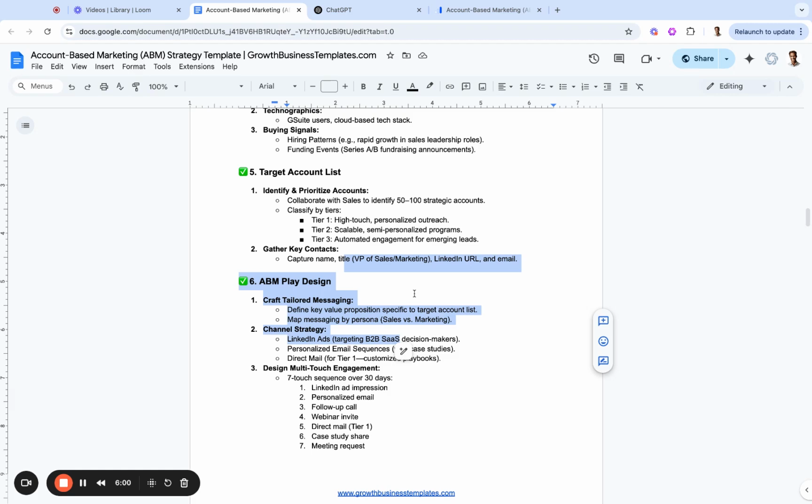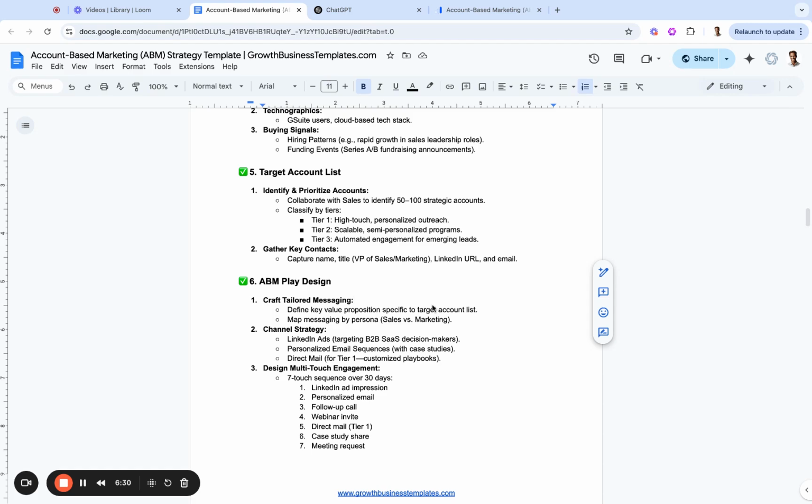So if they're really high value accounts, which you'll have a fewer number of them, you'll do higher value activities that cost your business more resources in capital and time and human resources, versus some of the tier 2 or tier 3 accounts that you'll do lower cost, more automated activities.